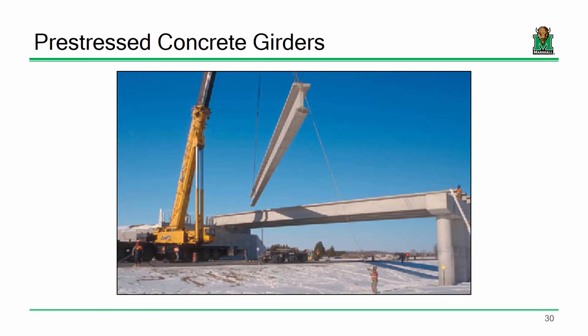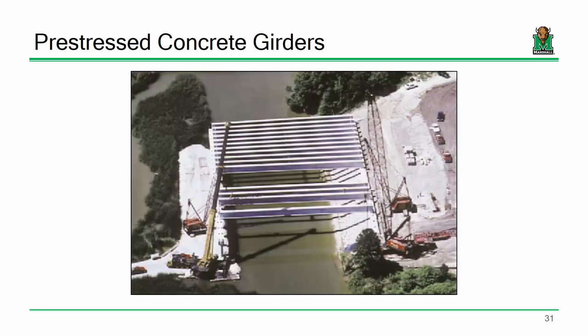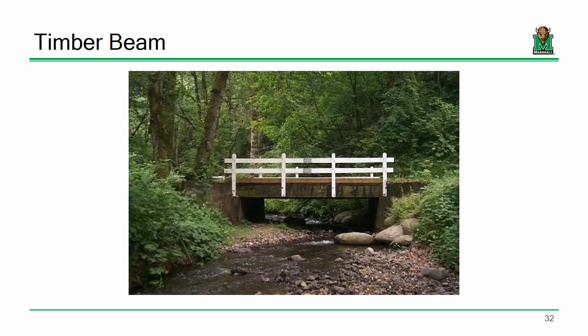Again, though, if you've had pre-stress, you can probably understand why I don't cover this, because you cover these till you're blue in the face when you take pre-stress. There's really no point to talk about it in here. This is just them setting pre-stress elements for a given bridge.